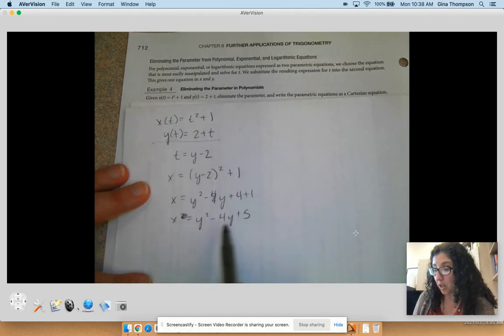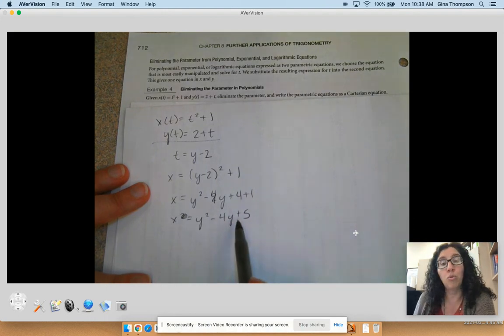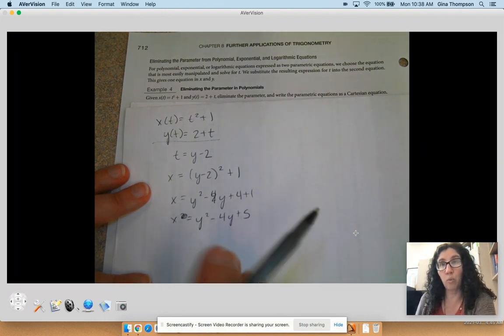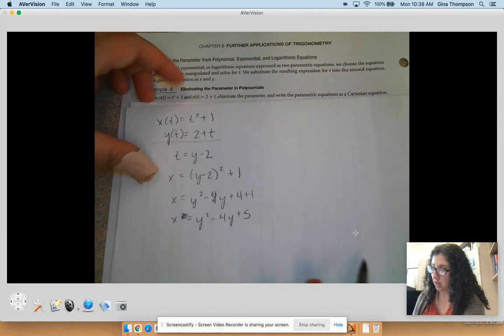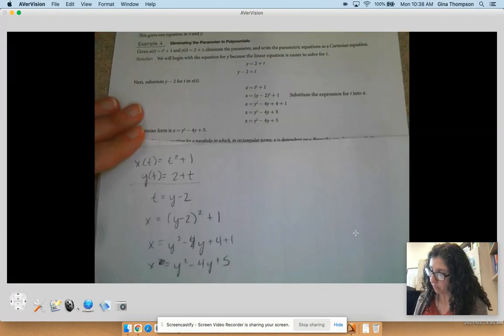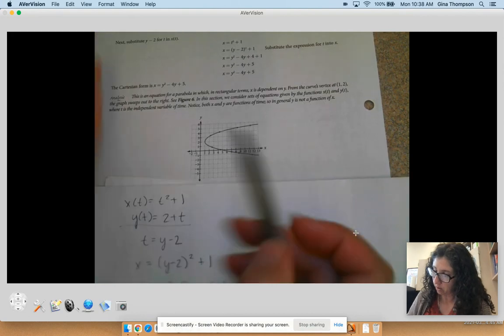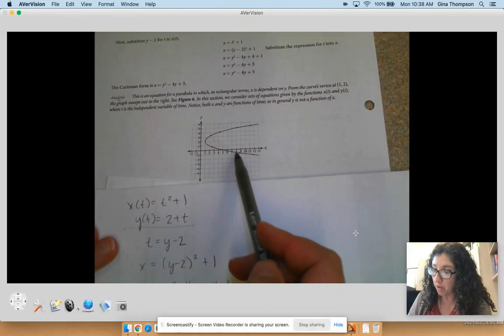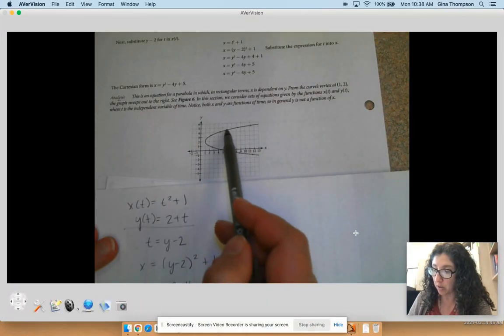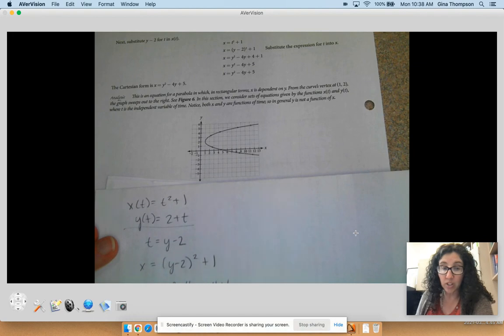So this we can look at and say, that's going to be a parabola that's opening to the right. Right? We could think about last semester, and it's going to look like this. Okay, and if we parameterized to have our direction, it would turn out to be going in this direction, which is not obvious.